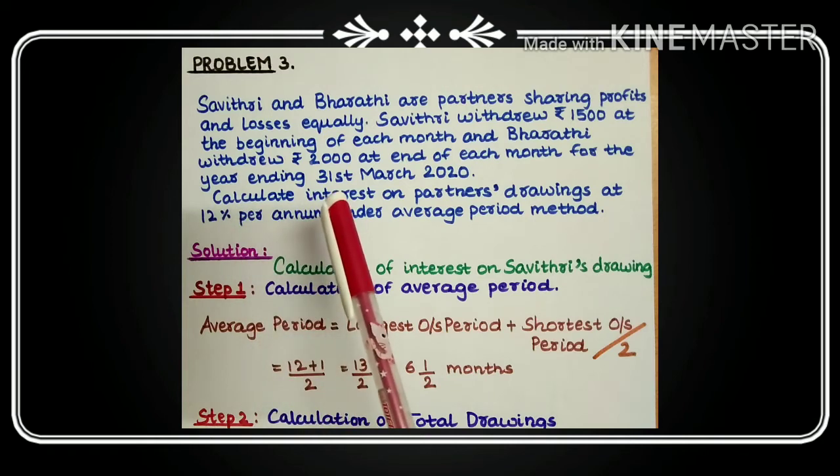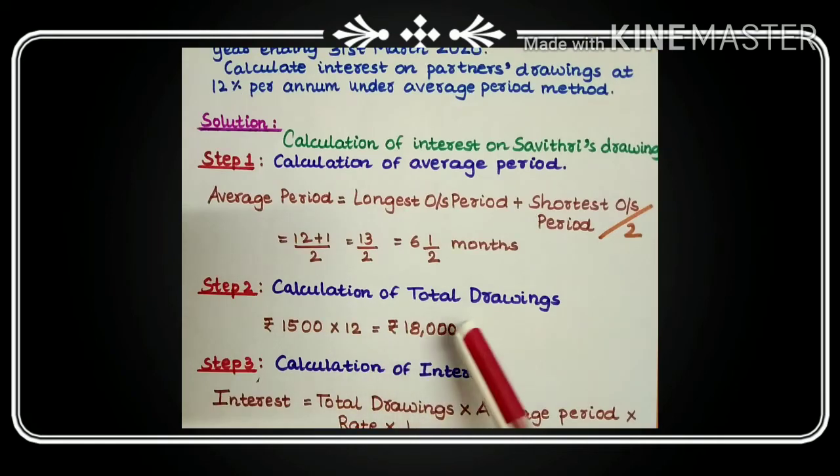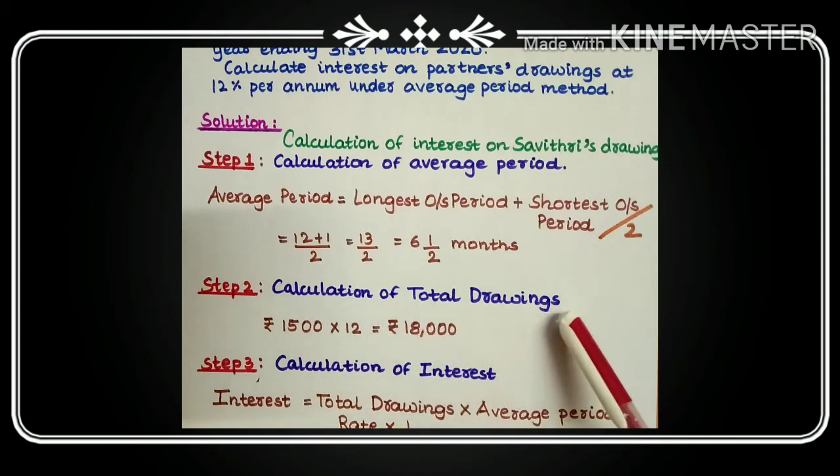Year means 12 months. Shortest is 1 month. So 12 plus 1 by 2, that is 13 by 2, that is 6.5 months. Next, how much is she taking? 1500 every month. So calculation of total drawings: 1500 into 12 months, so rupees 18,000.